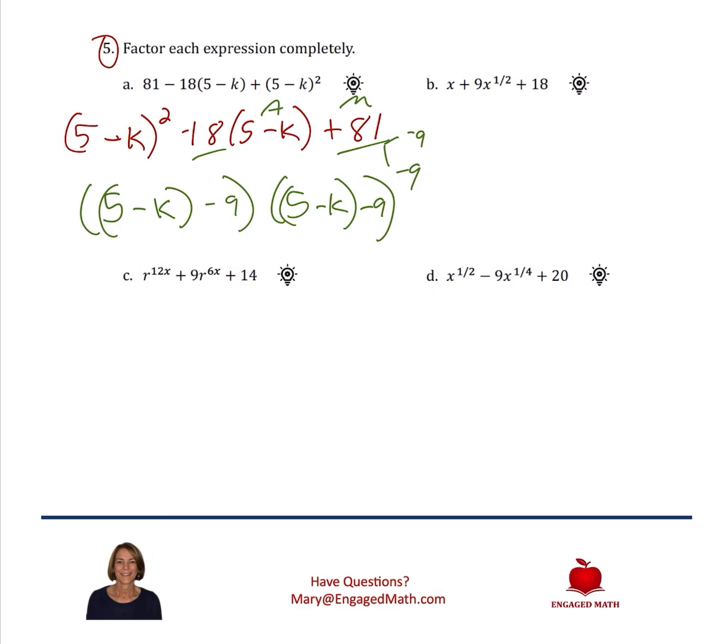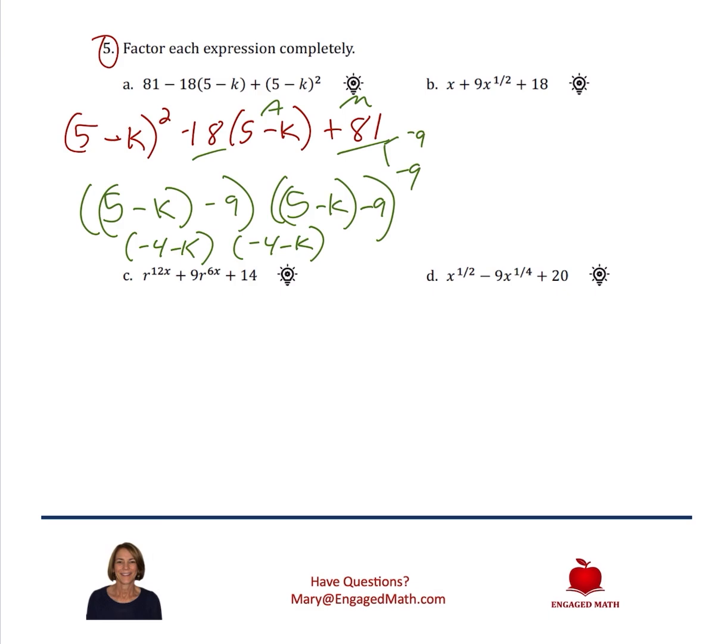So what we're going to do next is say, all right, we now have the 5 and the negative 9 can go together. So we basically have negative 4 minus k, and then the other parentheses would have a negative 4 minus k. So if you wanted to, you could just write it as negative 4 minus k, the quantity squared. And that's because we knew it was a perfect square trinomial.